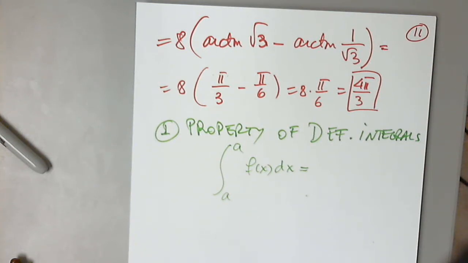What is the width of the interval? What is the distance between 2 and 2? 0. Of course. There is no distance. Delta x is 0 between 2 and 2. Agreed?